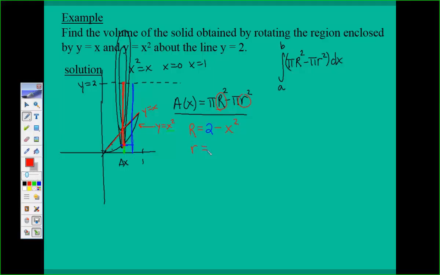Now we have to find little r. Little r is the distance from the center of rotation to the inner function. I know this is getting a little messy here, but it's that distance. Again, we could find that distance by taking 2 minus this distance right in here, which is plugging this x value into the function, and the function would be x.